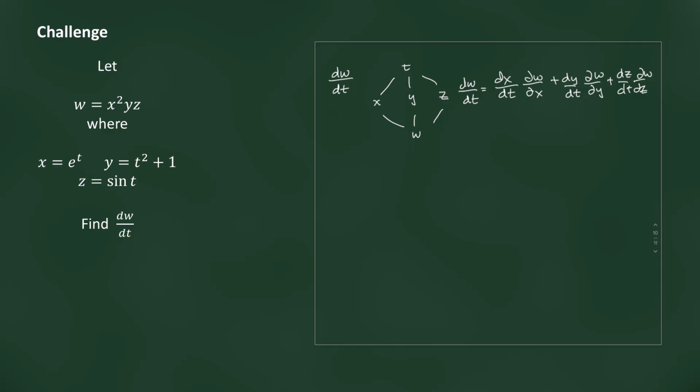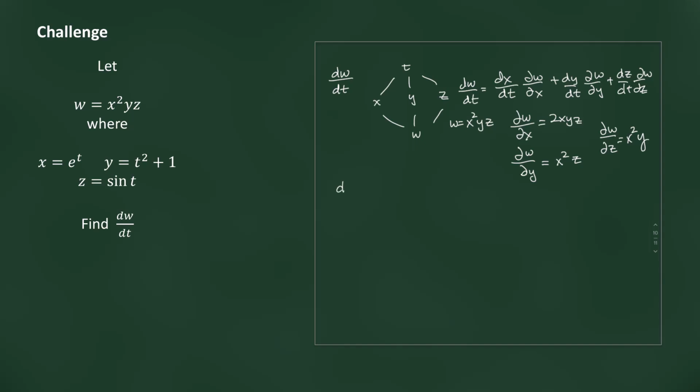Okay, so given that w equals x squared yz, we'll calculate those partials first. The partial of w with respect to x is going to be 2xyz. The partial of w with respect to y is going to be x squared z. And the partial of w with respect to z is going to be x squared y.